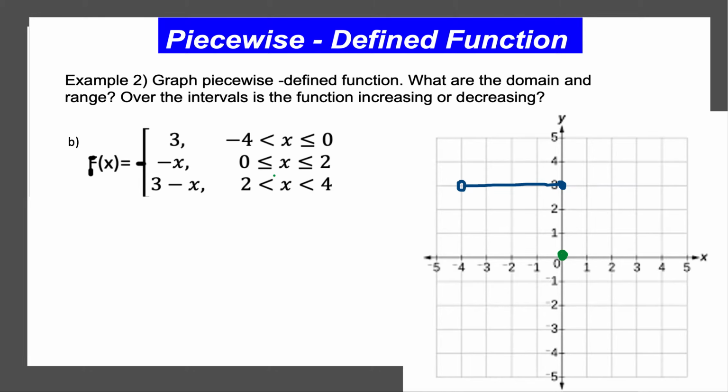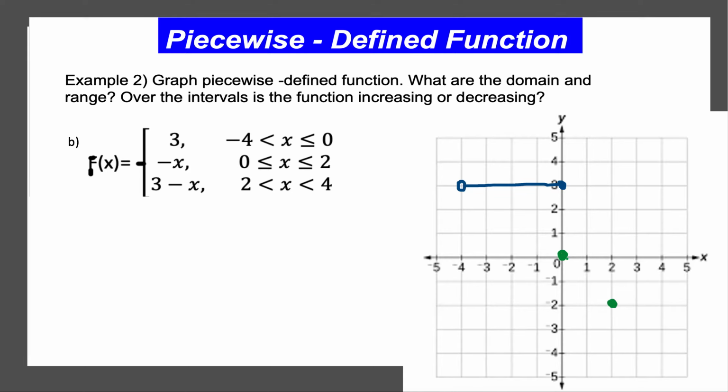Now I'm looking for the second endpoint, and if I plug 2 in for x, it's going to be -2. So x is 2 and y is -2, so it's going to be here, but this is closed. So let me make it closed here.